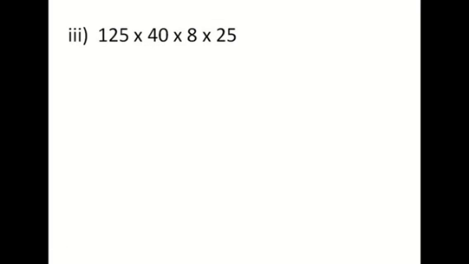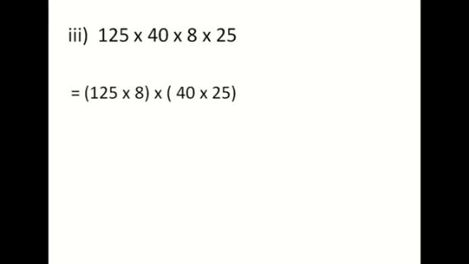Look at what I have done. I have taken 125 and 8 in one group, 40 and 25 in the other group. But you can do other possible groupings also, meaning 125 and 40 together, 8 into 25 together. So please do that way also.